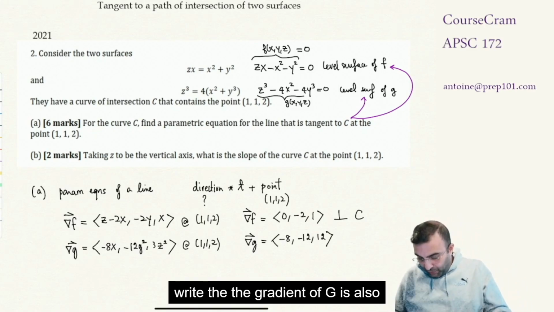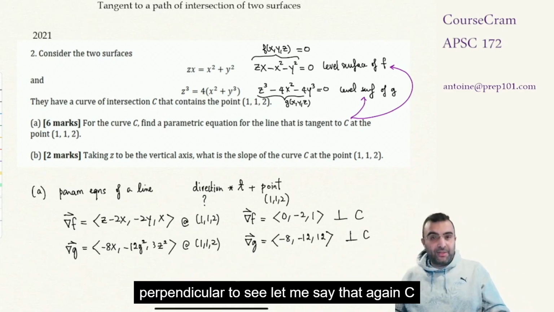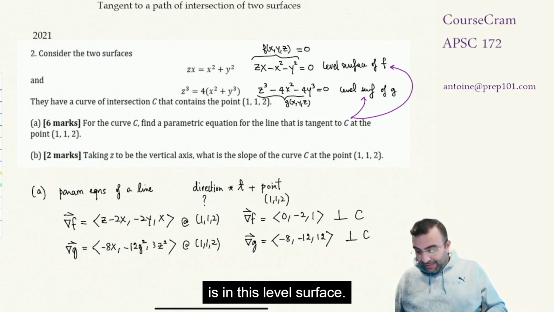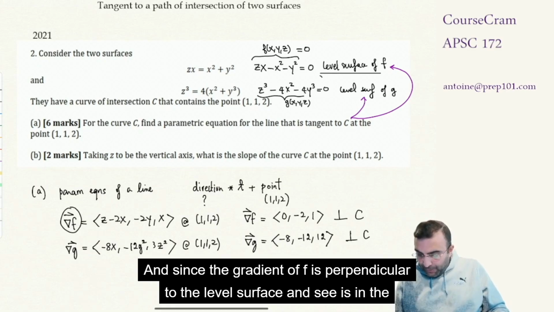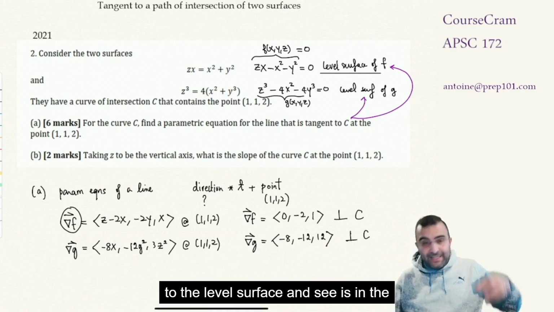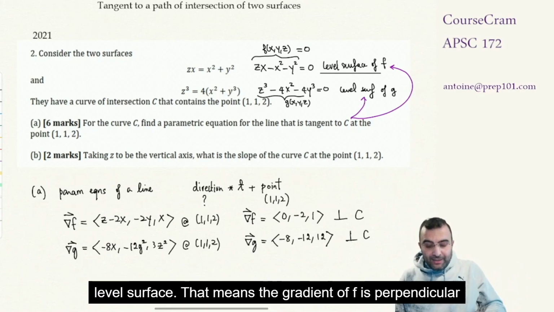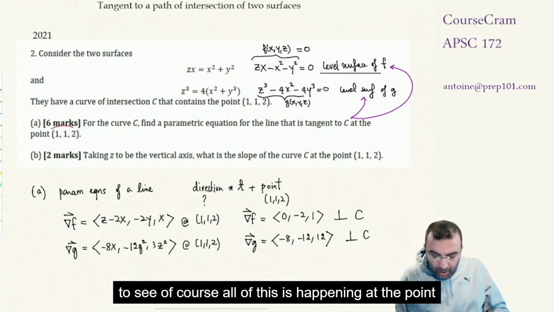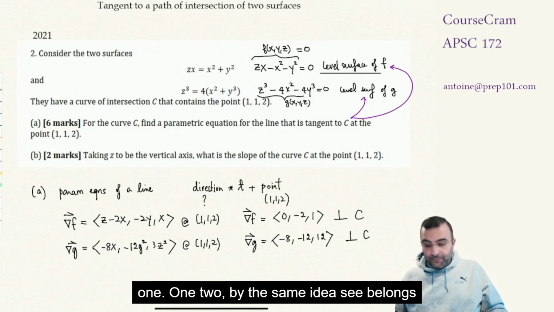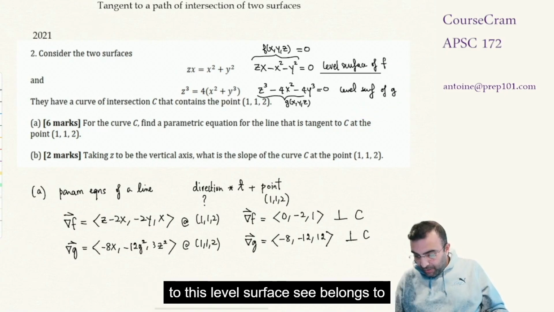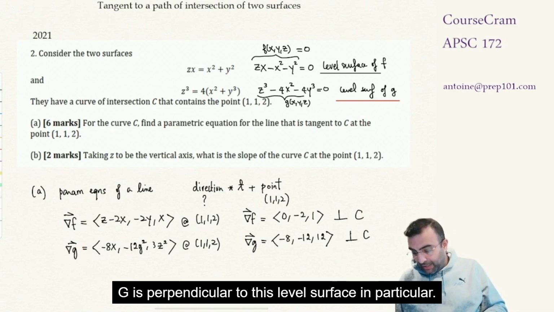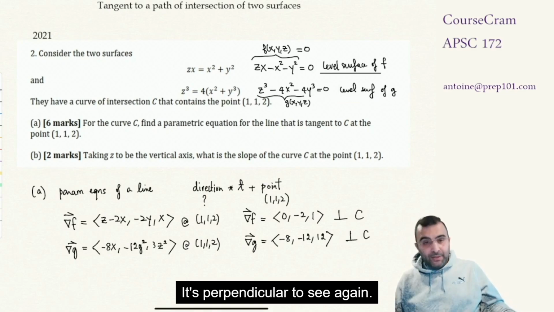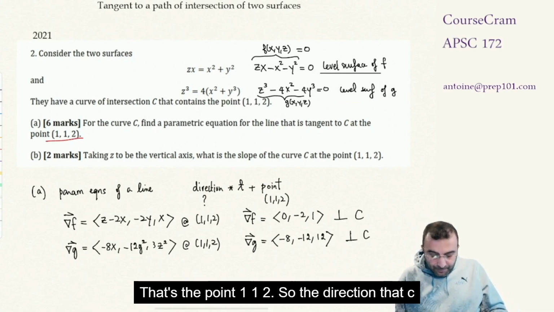The gradient of G is also perpendicular to C. Let me say that again. C is in this level surface, and since the gradient of F is perpendicular to the level surface and C is in the level surface, that means the gradient of F is perpendicular to C. Of course, all of this is happening at the point (1, 1, 2). By the same idea, C belongs to this level surface. Therefore, since the gradient of G is perpendicular to this level surface, in particular, it's perpendicular to C, again, at the point (1, 1, 2).